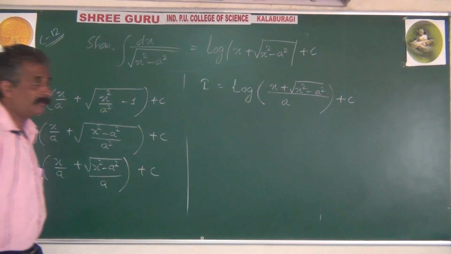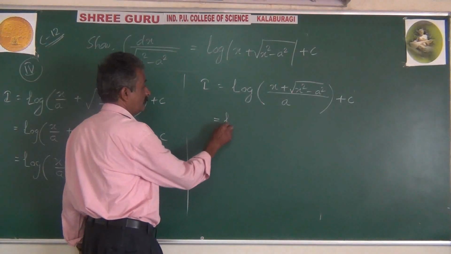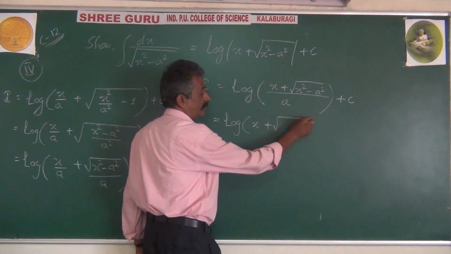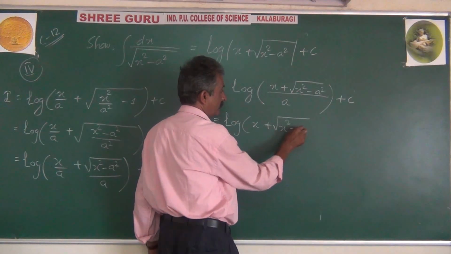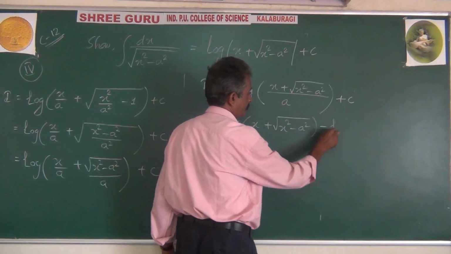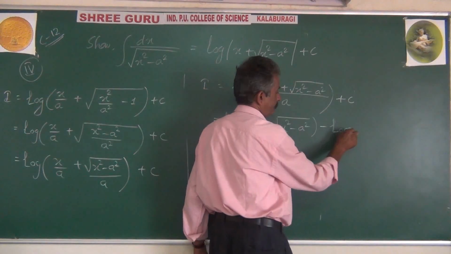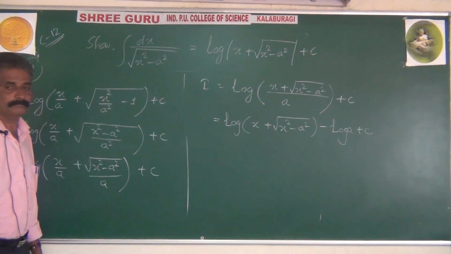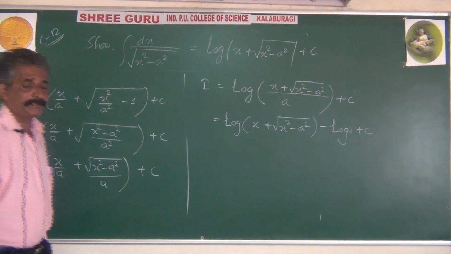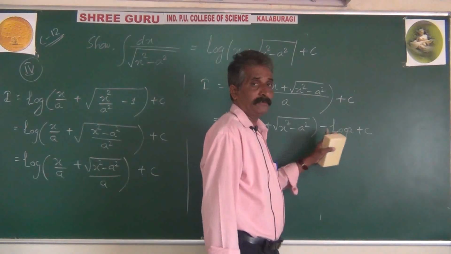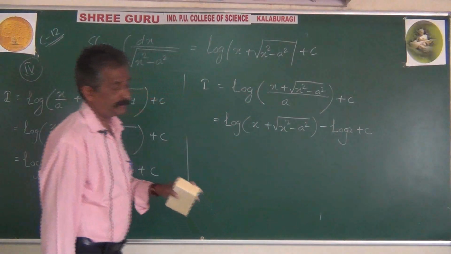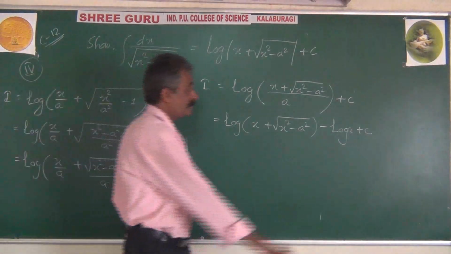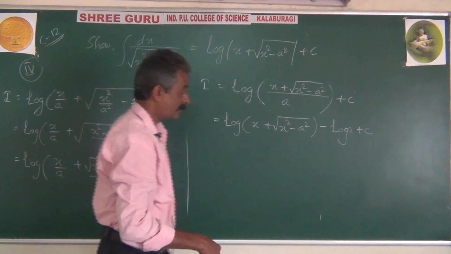Log m minus log n means log of x plus root x square minus a square minus log a plus c. But what is c? Constant. Log a also constant. Sum of two constants is again a constant. We shall write all this is equal to some other constant.